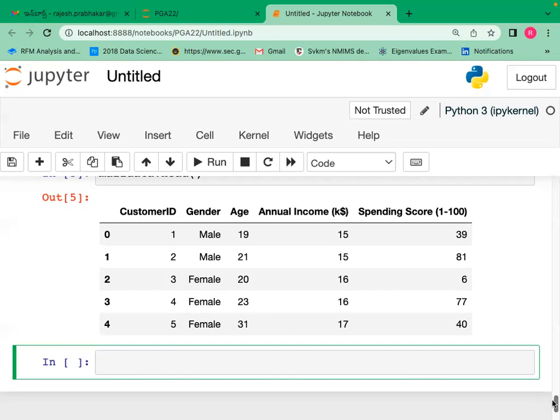Now we have gender, which needs to be converted into numerical. So mall data is equal to pd dot get underscore dummies mall data comma columns is equal to gender.